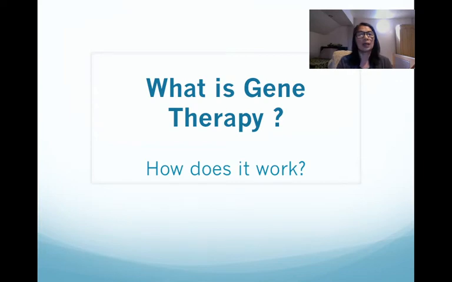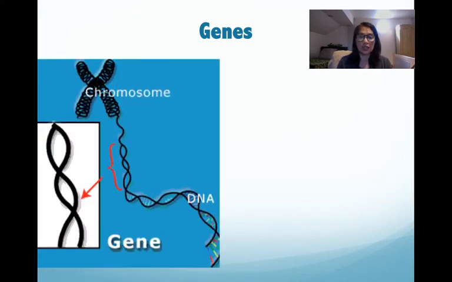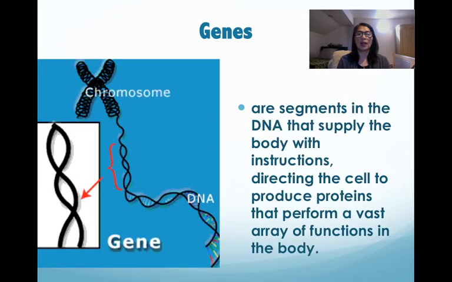First, let us understand or give meaning to genes. So what are genes? Genes are segments in the DNA that supply the body with instructions, directing the cell to produce proteins that perform a vast array of functions in the body.